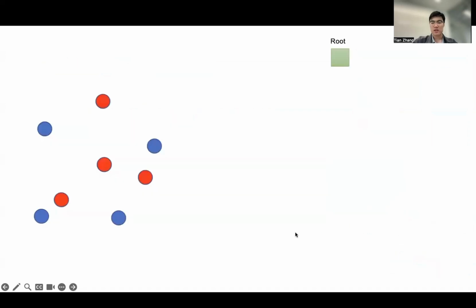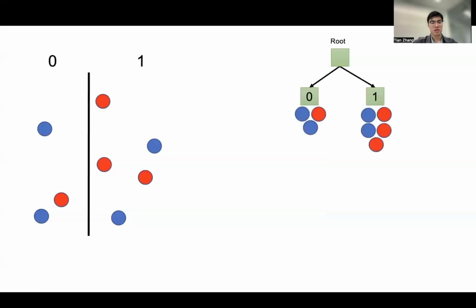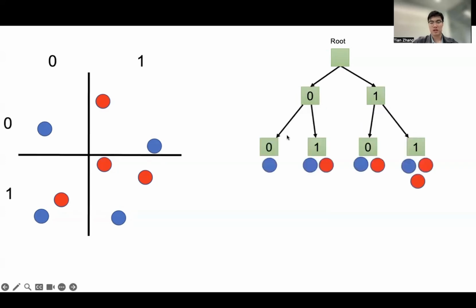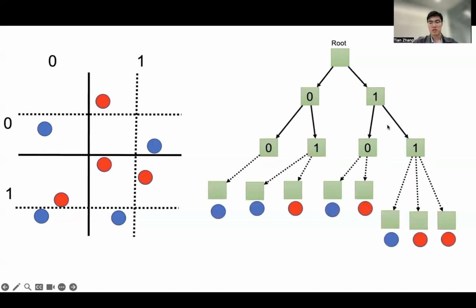Okay, here is just a cartoon that shows how the tree embedding works. We partition the L1 space and divide all the points into, say, two nodes, and then we keep doing that recursively until we reach the leaves, and we put the points in the corresponding leaves.